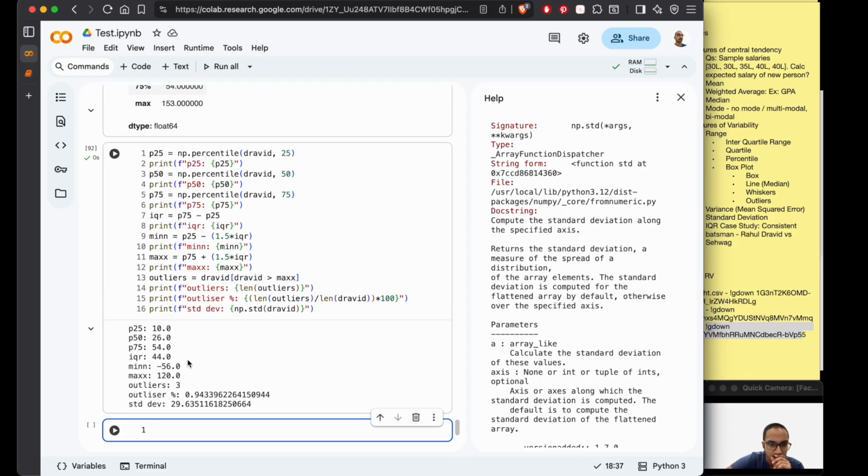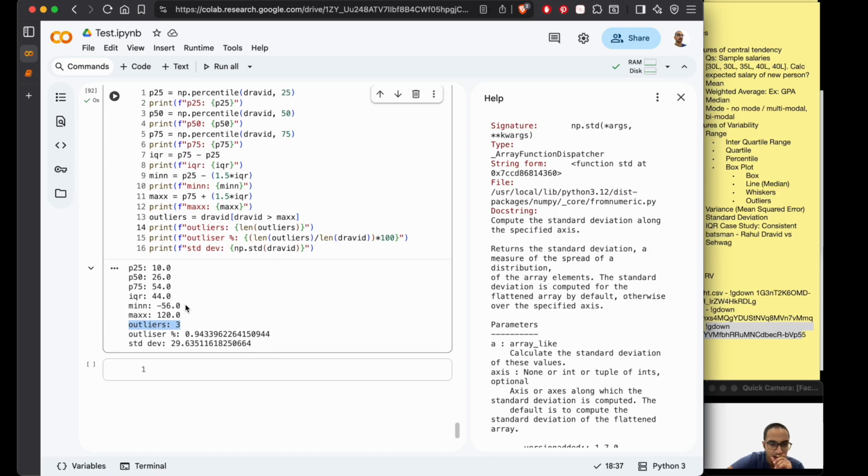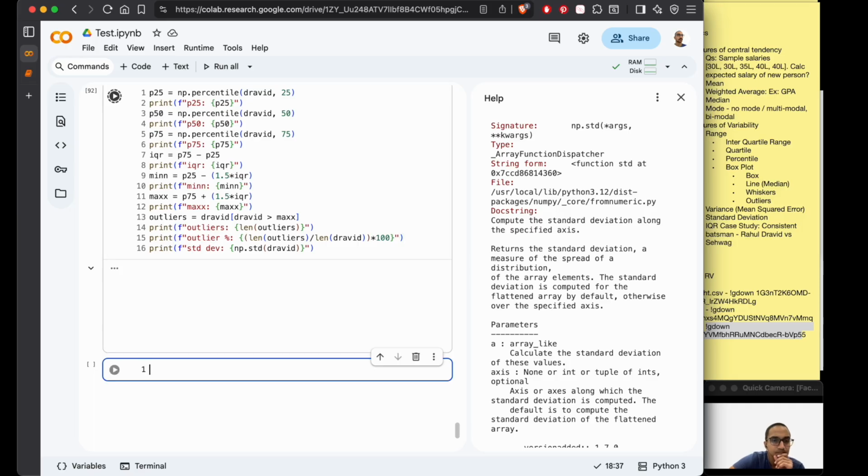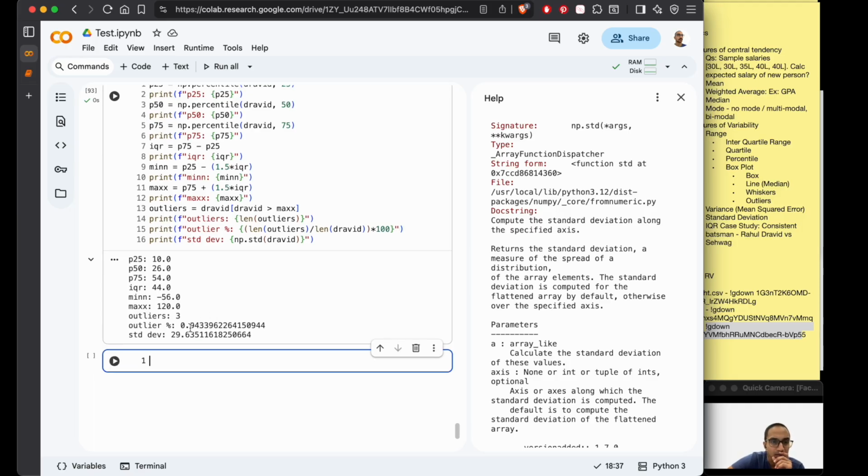So total outliers are 3, just 3 of them, and outlier percentage is 0.9. Yeah, that's correct. Okay.